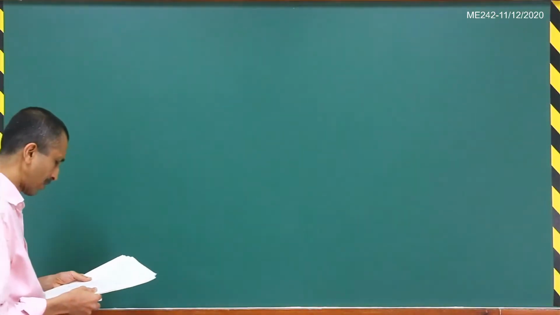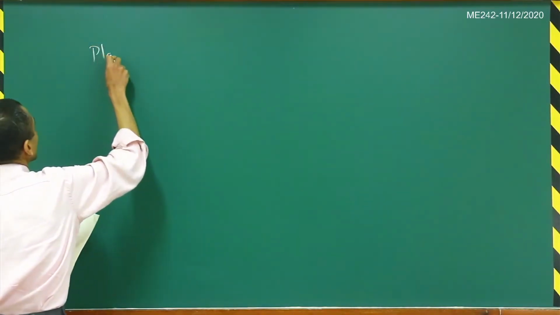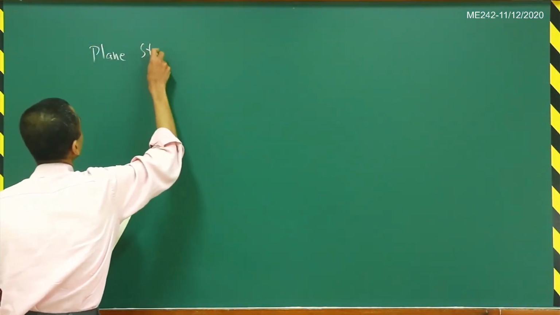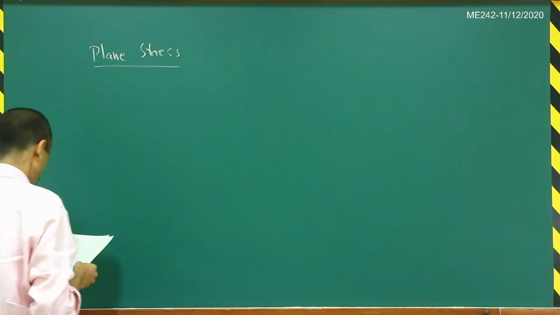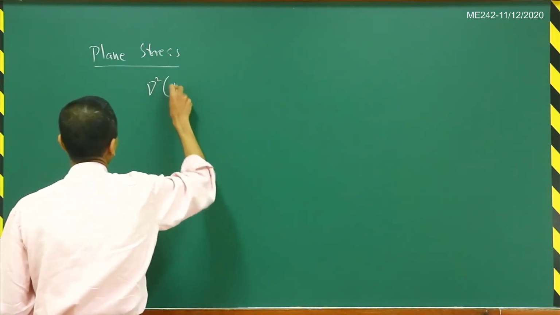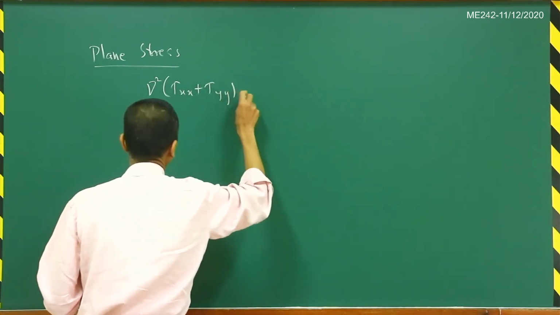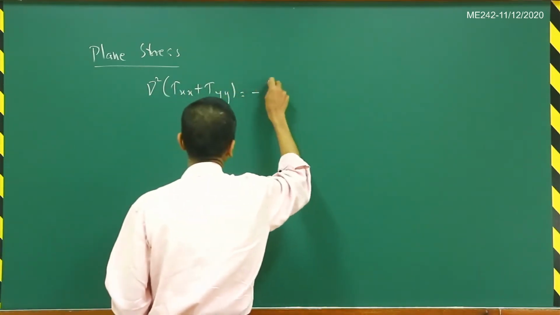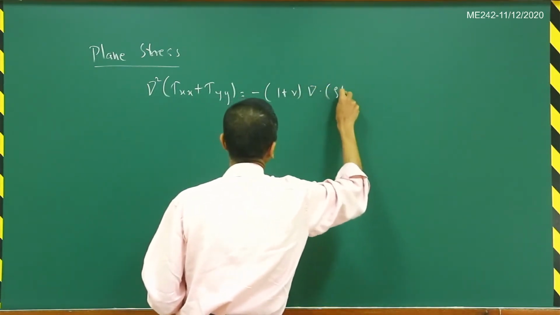Last class, we saw that for the plane stress case, del square of (tau xx plus tau yy) is equal to minus (1 plus mu) times del dot rho b.